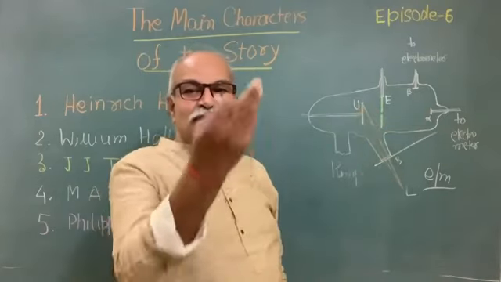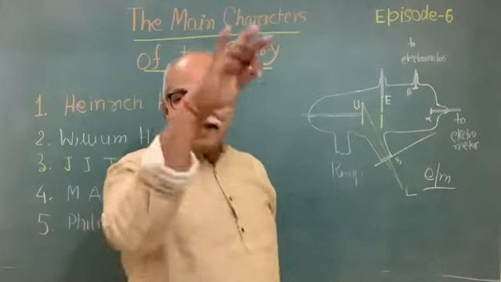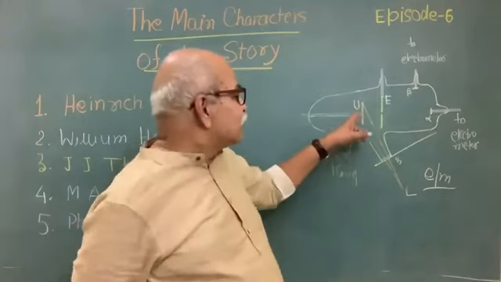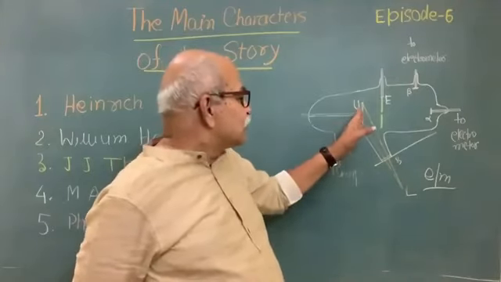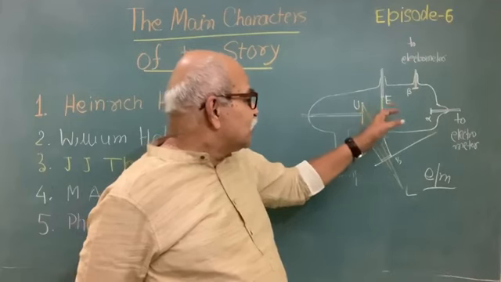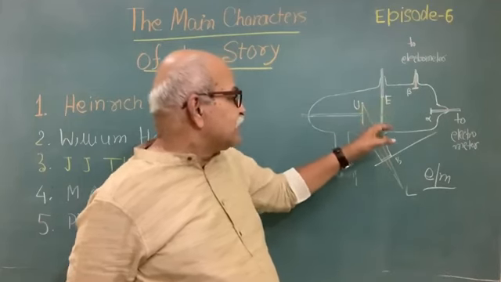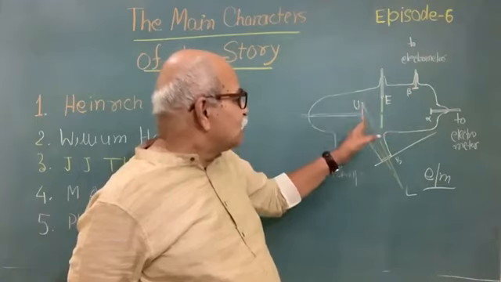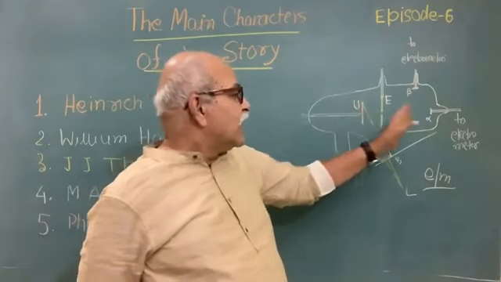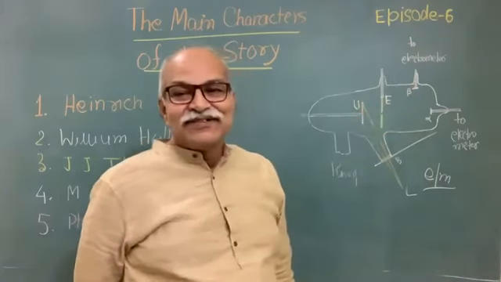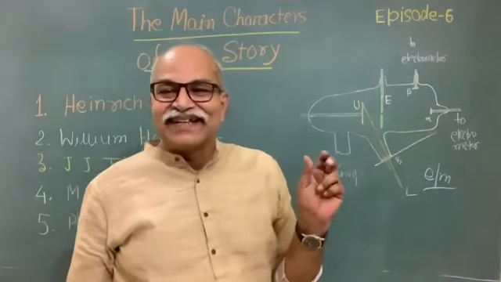Just like if you throw something up, and because of gravity it comes back. Similarly, from here the cathode rays are ejected, but then because of this negative plate here, they are forced back to go on this U and not reach here. So that was the kind of stopping potential.